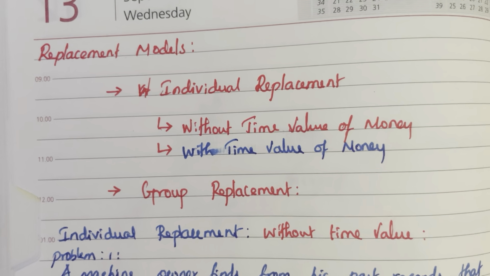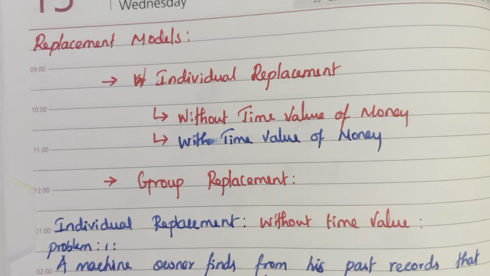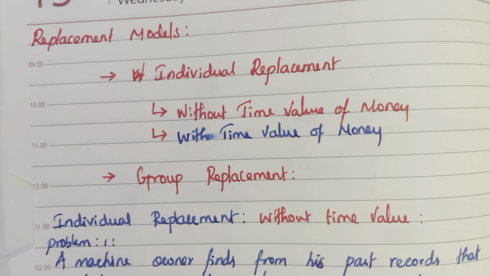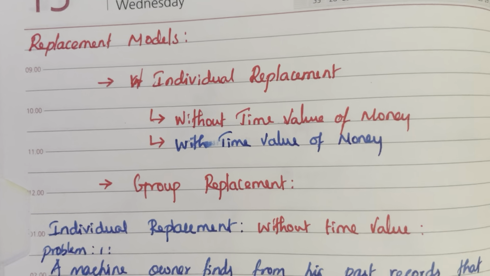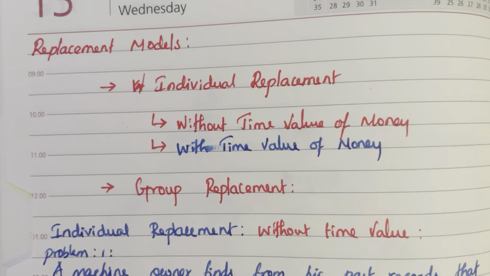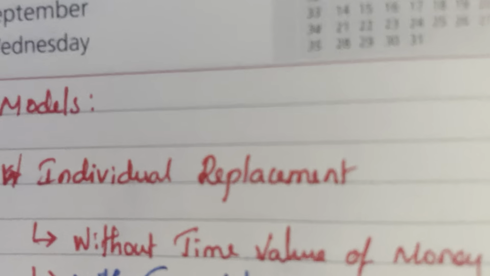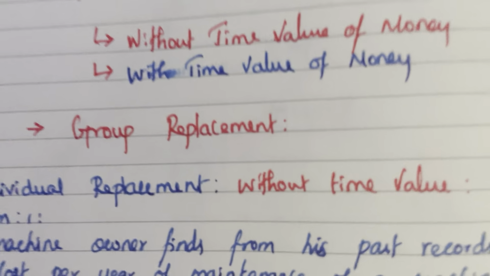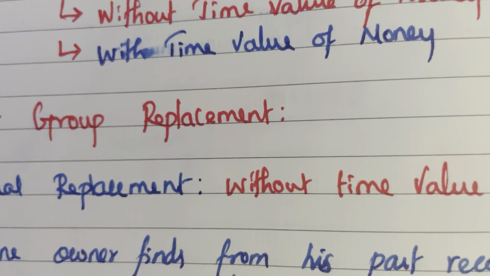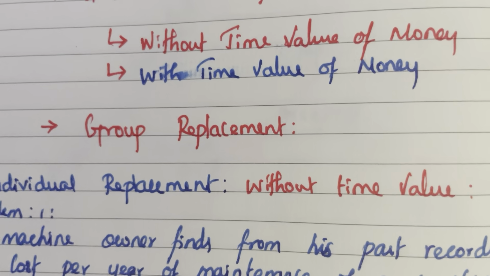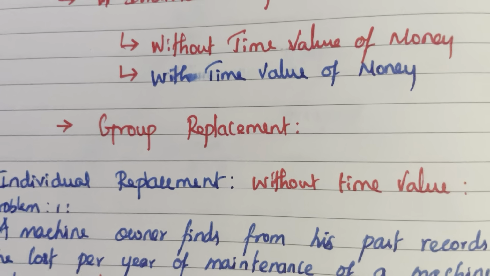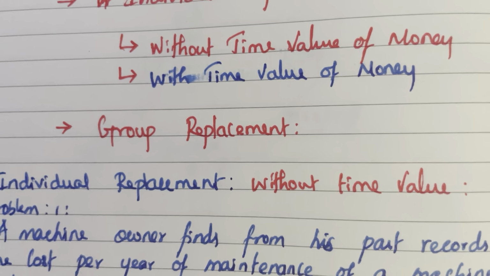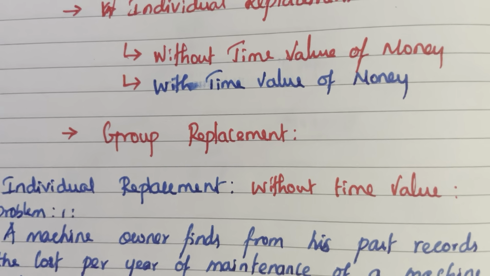So what is the difference? Individual replacement deals with changing individual machines. At what time we have to change an individual machine, that decision can be taken using individual replacement. The second one is group replacement, where you have a group of machines which are interdependent. Say machines A and B are interdependent.